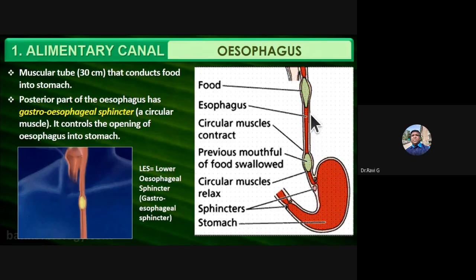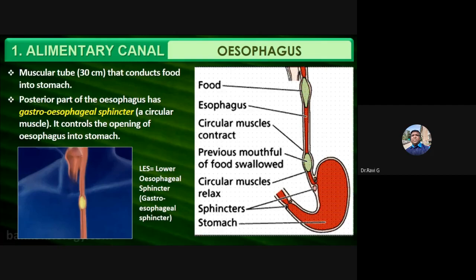The food that is chewed in the mouth along with saliva undergoes partial digestion because of salivary amylase. I told you starch undergoes digestion there. The food passing through our esophagus as pellets, we call it bolus.